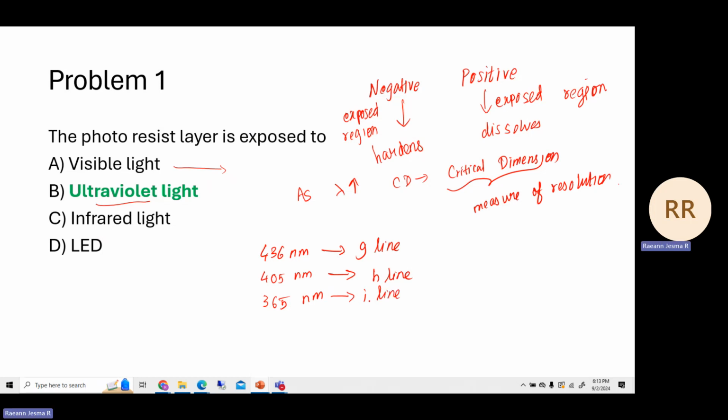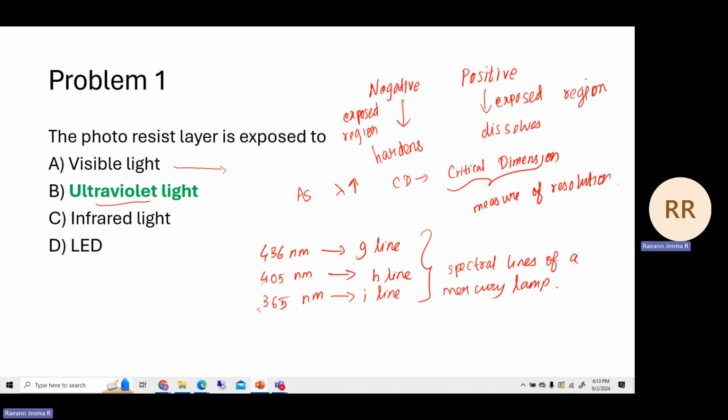In order to fabricate even smaller structures, we move towards smaller wavelengths. These are all the spectral lines of a mercury lamp. In most tools, we would see either 365 nanometer or 436 nanometer wavelength used to expose the photoresist layer.